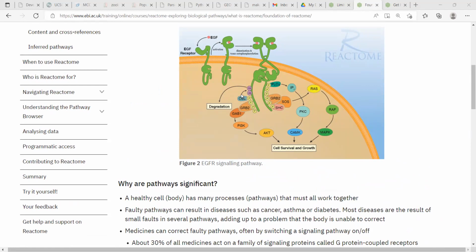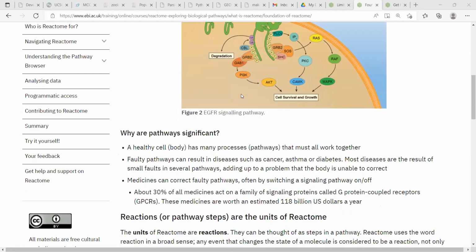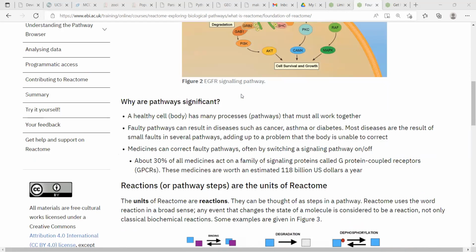For only one pathway you may need 5 to 10 years or more. But if you use computational tools and techniques, you can find a solution within a year or a couple of years. So that is the advantage of computational biology.